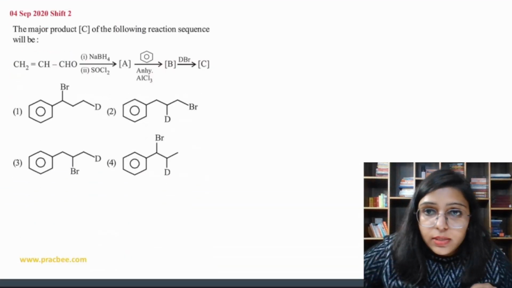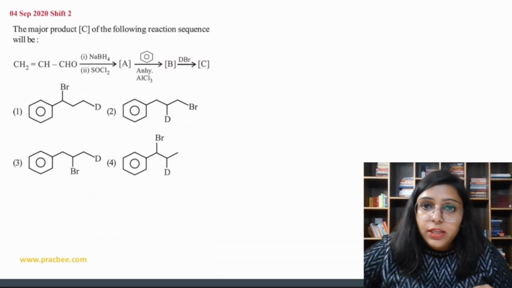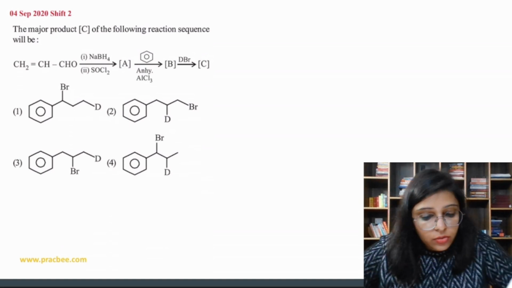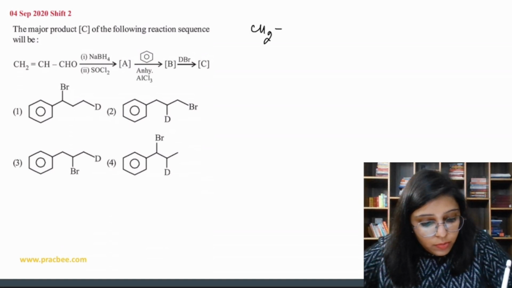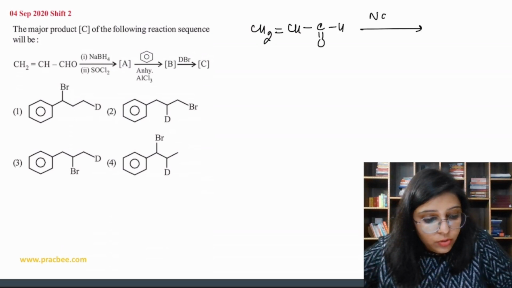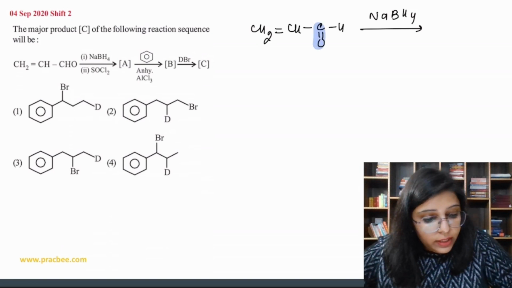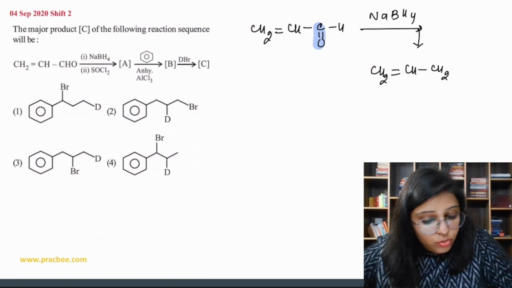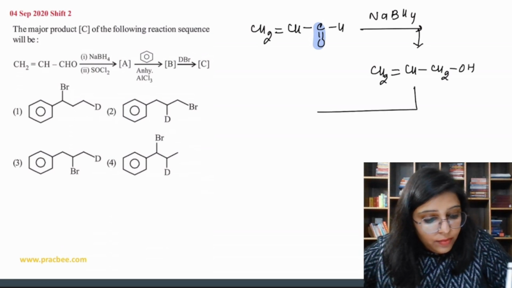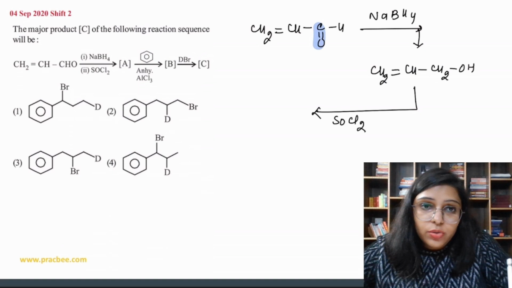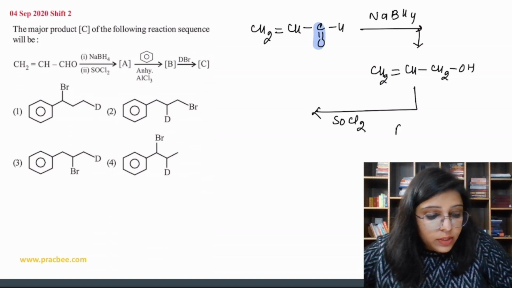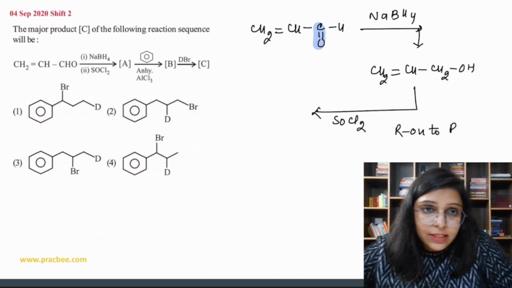Okay, now next. The major product C of the following reaction sequence. So we have CH2 double bond CH and this is the C double bond OH. So NaBH4 reduces aldehyde to 1 degree alcohol. So we get CH2 double bond CH and CH2OH. Then we have SOCl2. SOCl2 converts ROH to RCl.